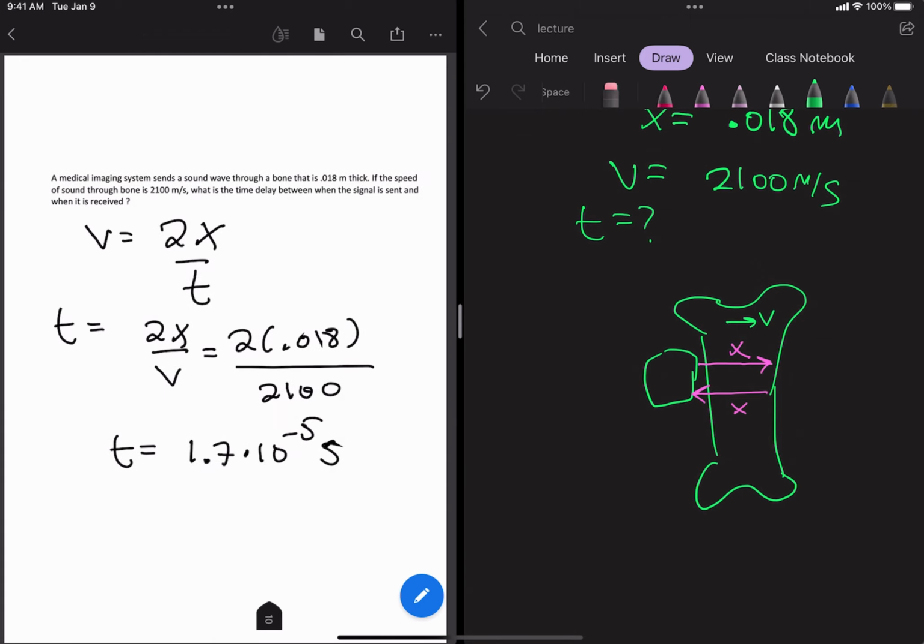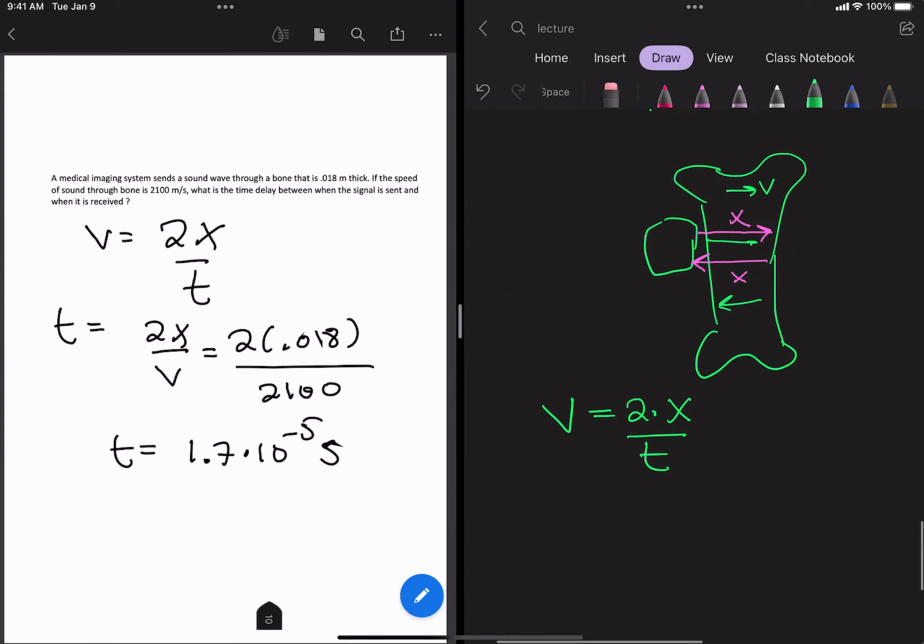So in this case here, we're going to use the equation. Speed is going to be distance over time, but the distance is x one way and x back the other way. So it's 2 times x, or 2 times the thickness of the bone, divided by t. And so here we can solve for t. I'm just going to do the algebra with the variables. So t is going to be 2 times x over v.